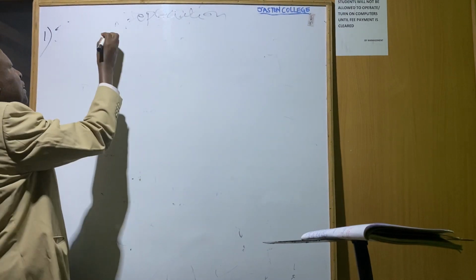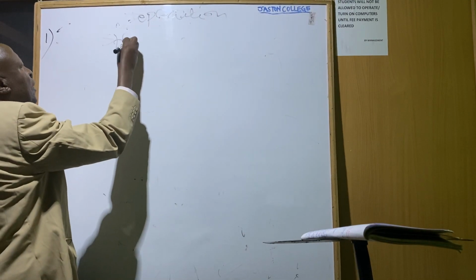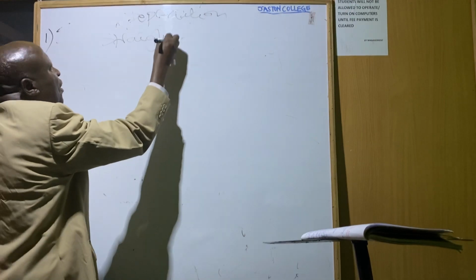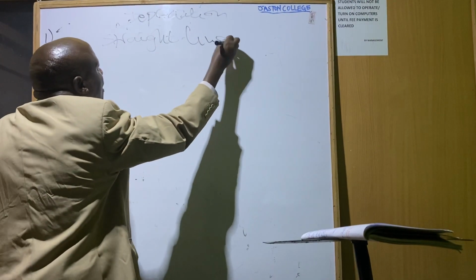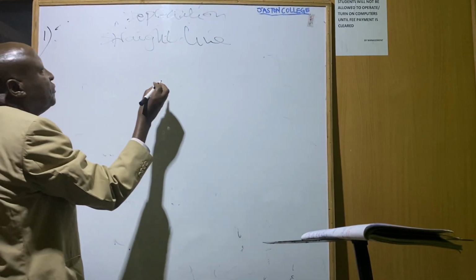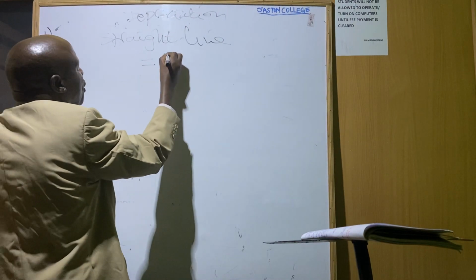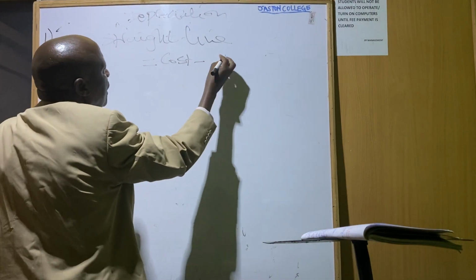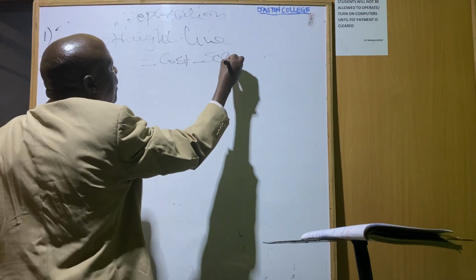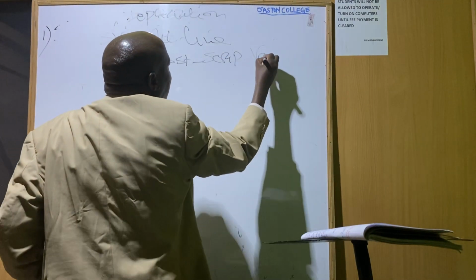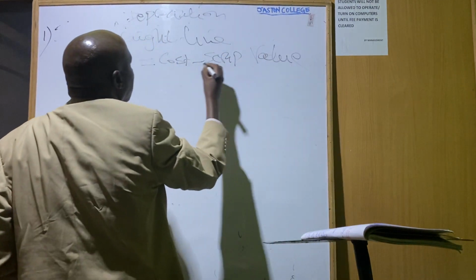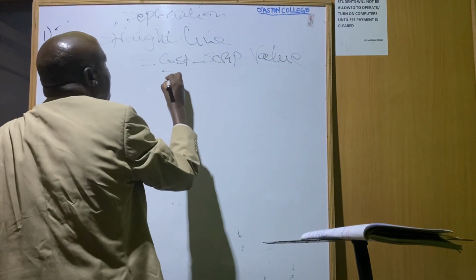In the straight line, we say cost minus scrap value over number of years.